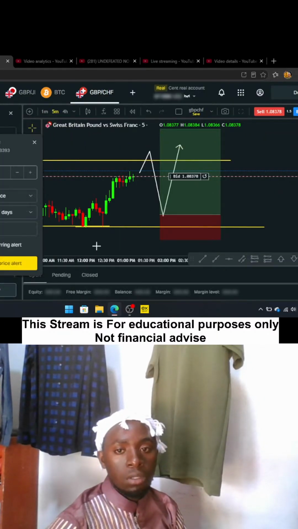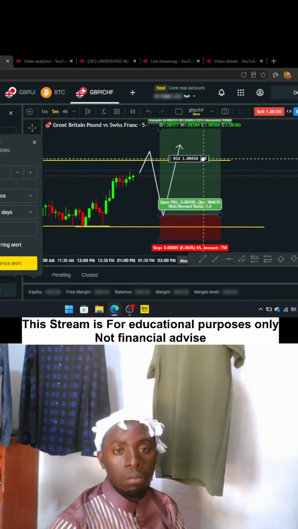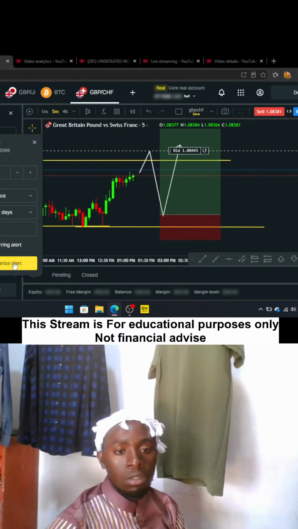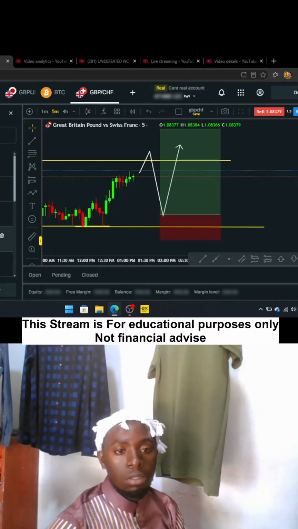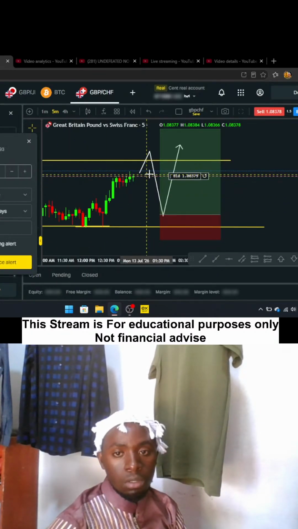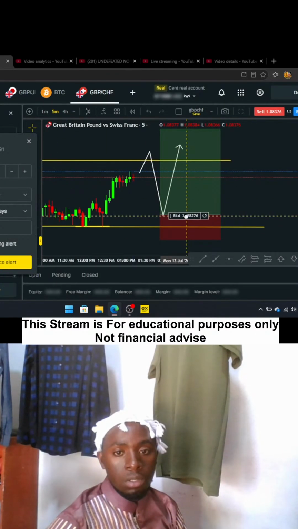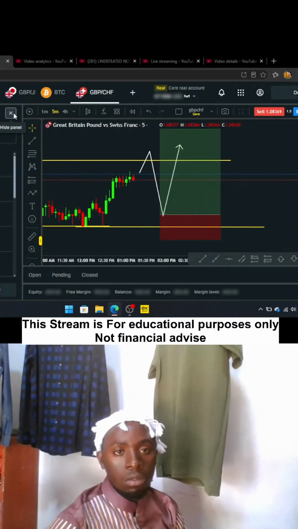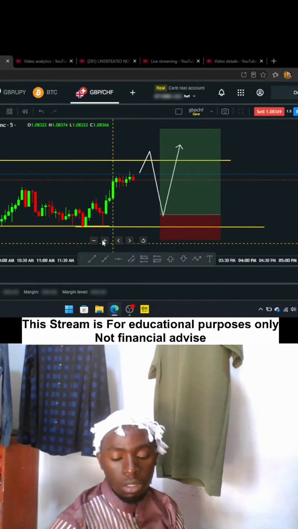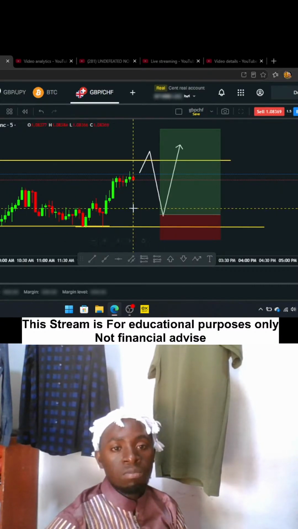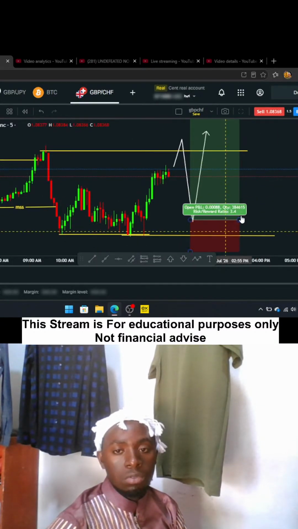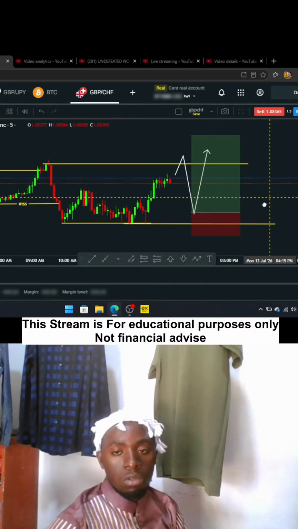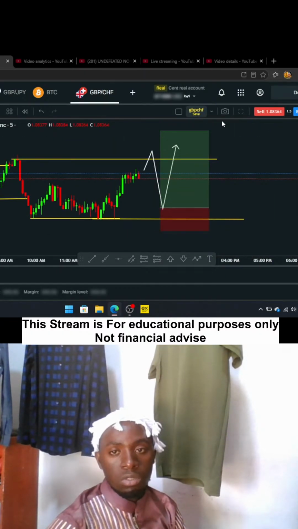One right here after the break, then the other one would be somewhere around there, because the market might come and again give us that good market structure shift before we could push up, because the 1 minute market structure shift has not happened yet.